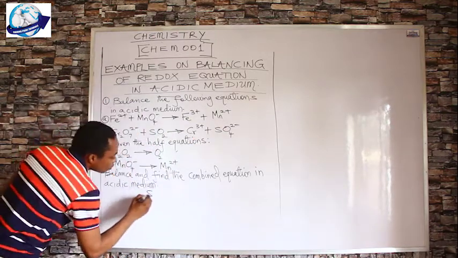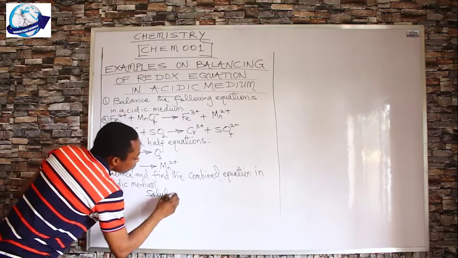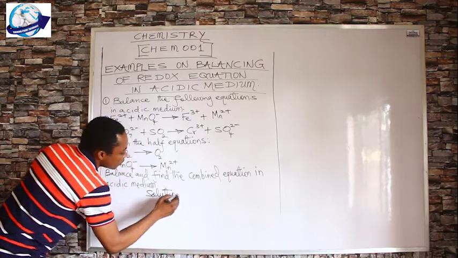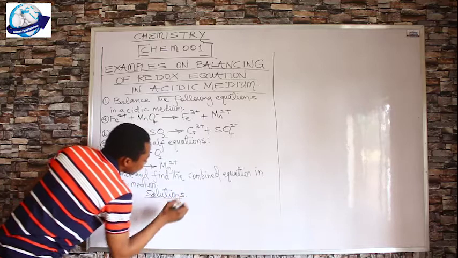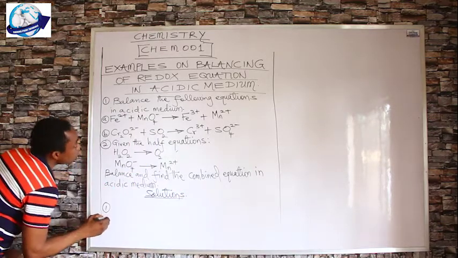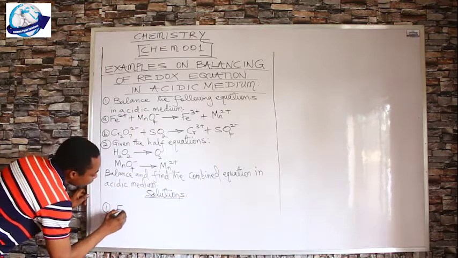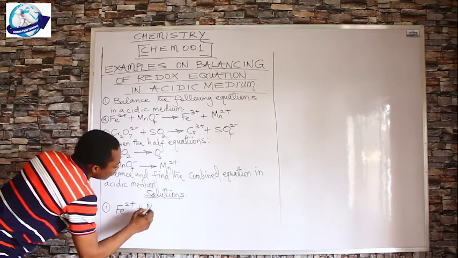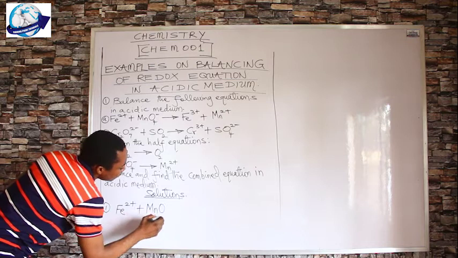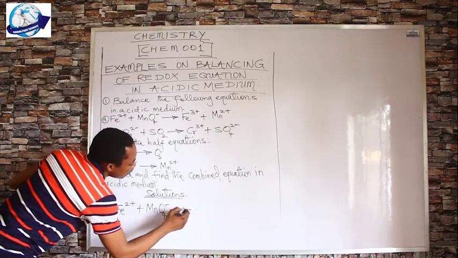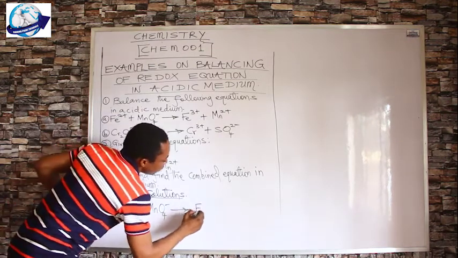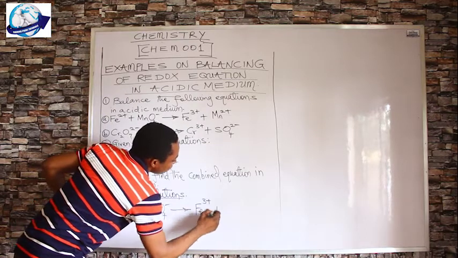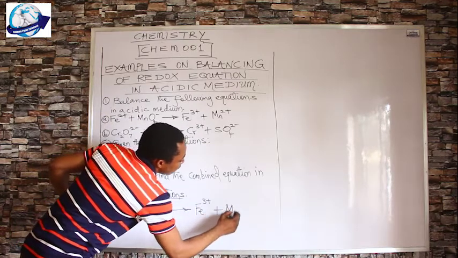Let's see the solution. The pattern to follow has been given in the previous class, and the steps. The first one we need to pick up here is Fe2+ reacting with MnO4-, yielding Fe3+ and Mn2+.